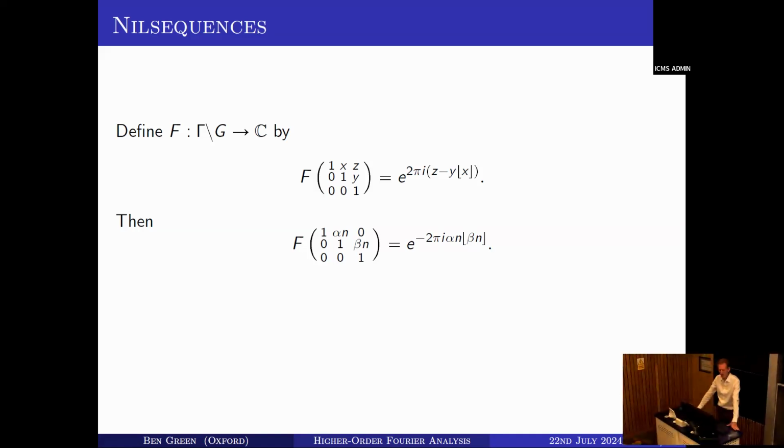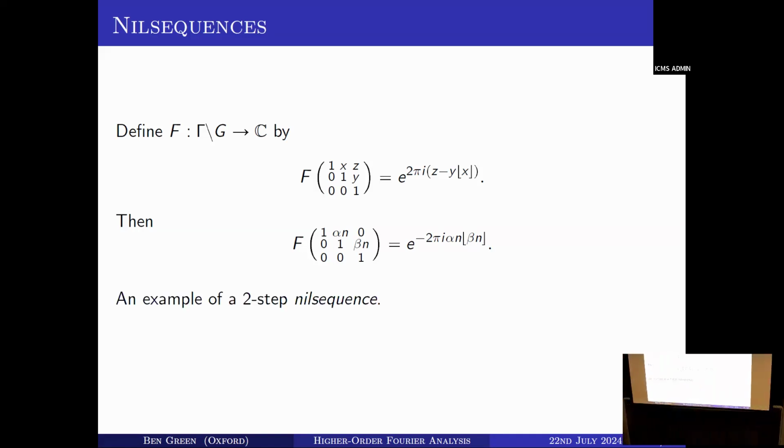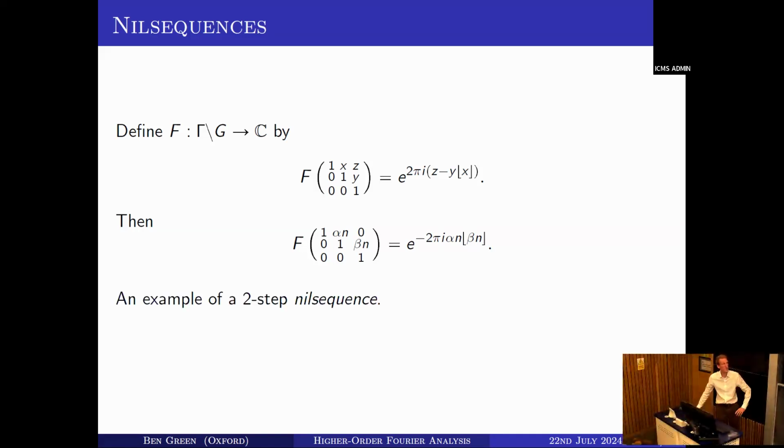So that's the explanation really, I think, for why there's a link between nilmanifolds and bracket polynomials. There's actually a complete dictionary between the two. Given any bracket polynomial, you can write it as coming from a nilpotent group. So this is an example of what we call a two-step nil sequence, and that's because the Heisenberg group is two-step nilpotent.